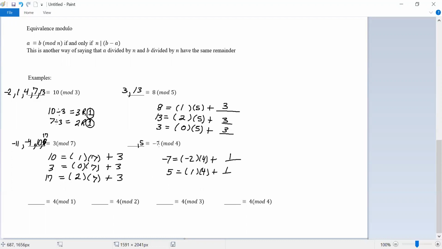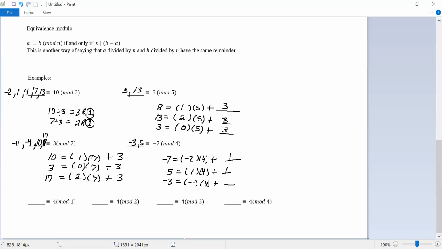Notice -7 plus 4 will work. Does that work? -3. Let's make sure I'm not feeling positive here.